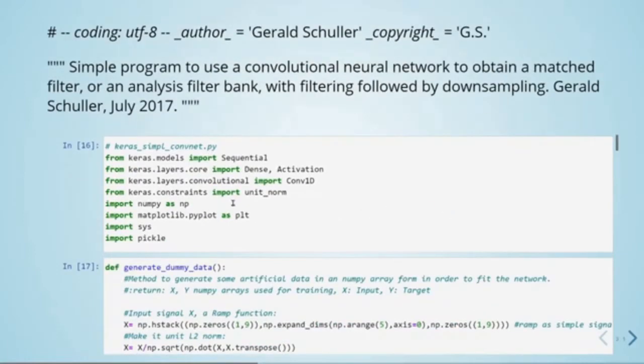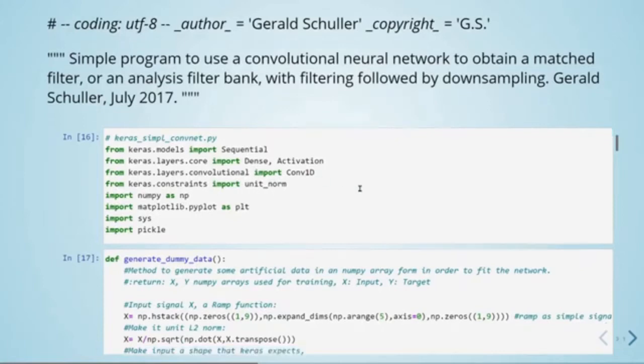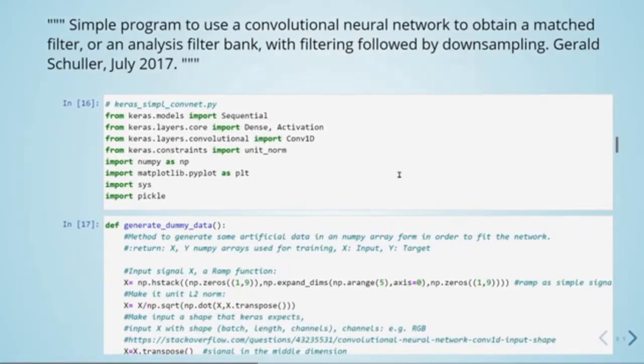So we start by importing all the libraries. We are going to use Keras and import the sequential model. We will import layers like the dense layer, activation, and a convolution layer. In this case, we are not going to use all of them. We're just importing them for future use.